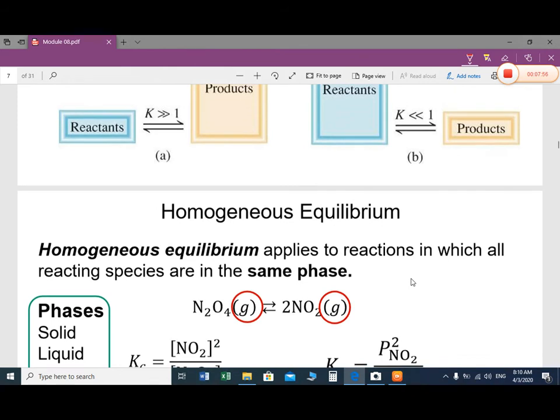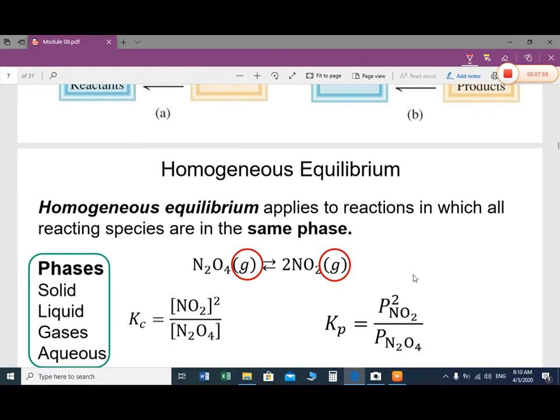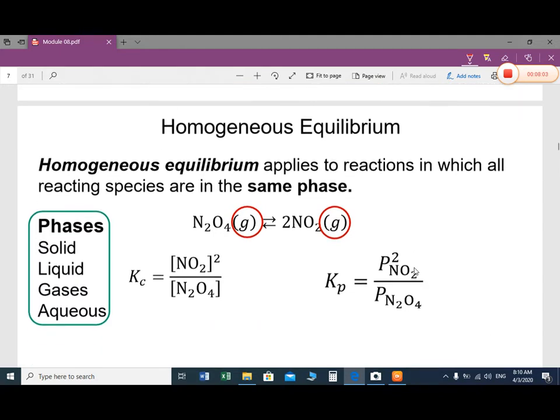Okay, now there are two types of equilibrium systems: homogeneous and heterogeneous. First, take the homogeneous. A homogeneous system is one in which all the components are in one phase, the same phase. There are four phases: solid, liquid, gaseous, or aqueous. Aqueous means a water-based solution.